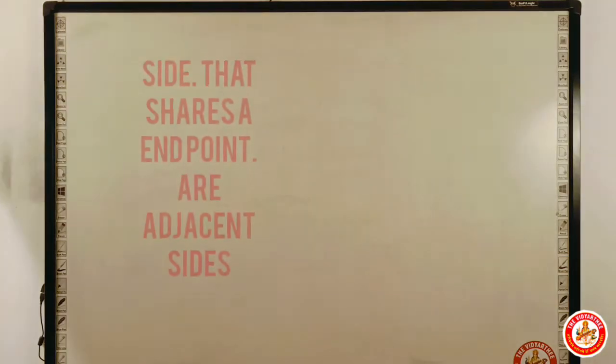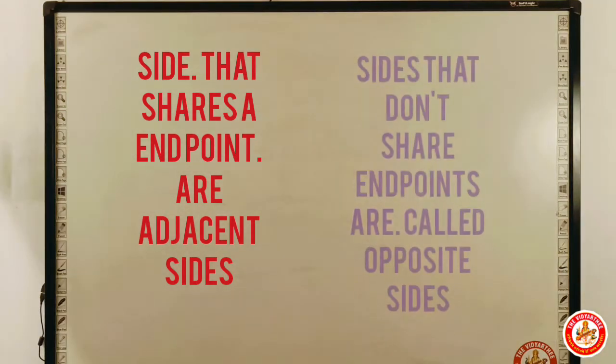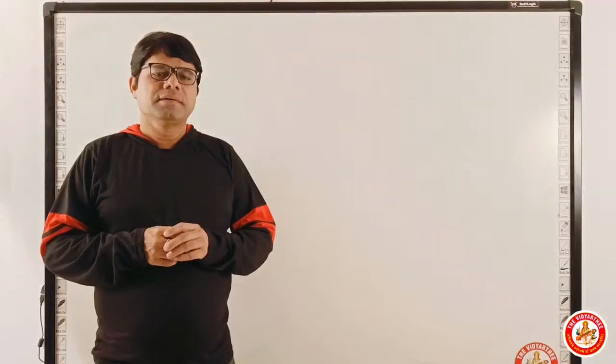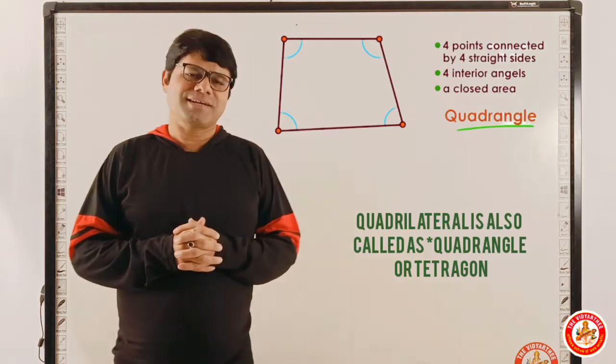Sides that share an endpoint are referred to as adjacent sides. Sides that don't share an endpoint are called opposite sides. How many of you knew that quadrilateral is also called quadruple or tetragon?